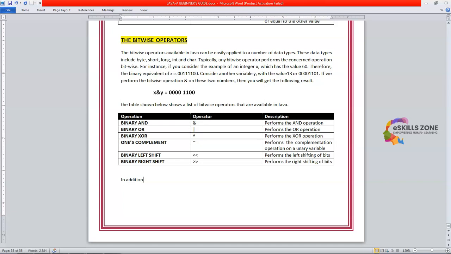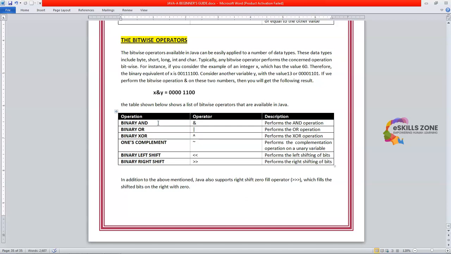In addition to the above mentioned operators, Java also supports right shift zero fill operator, which fills the shifted bits on the right with 0.